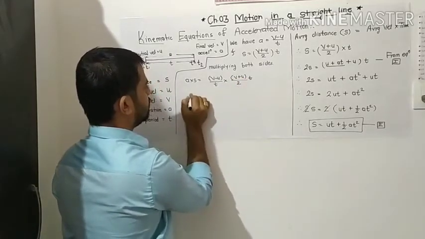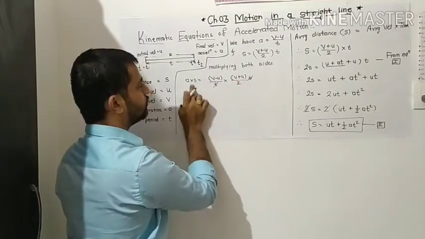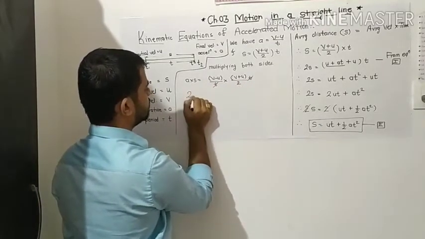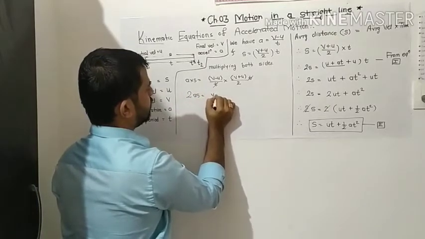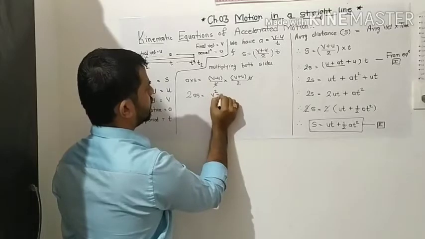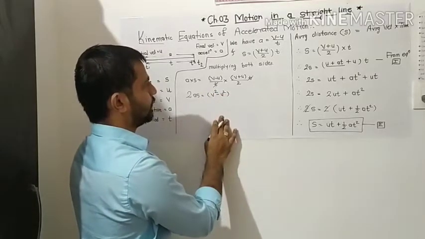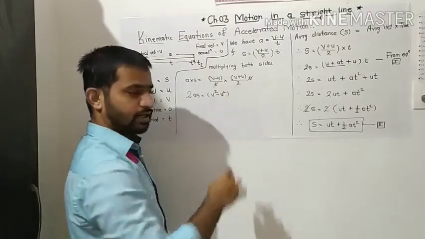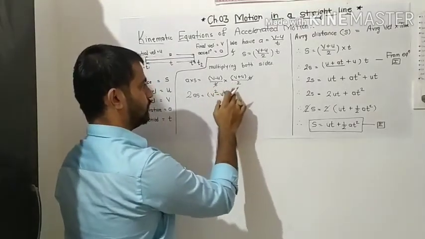Okay, so here this t and this t will get cancelled. This 2 will go to this side, so our equation becomes twice as is equal to v square minus u square. This is the algebraic identity, v minus u into v plus u.